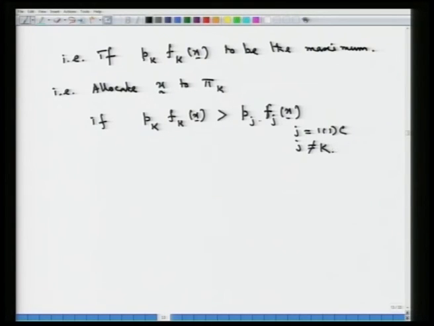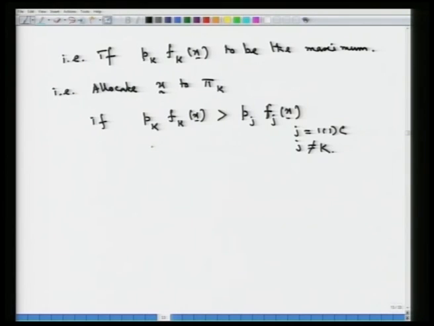So, we are not looking at that kth product on the right hand side, we are looking at all other c minus 1 products, and hence we are looking at all these c terms and then finding out for which of those c possible products we have got the product to be maximum, and then x is going to be assigned to pi_k corresponding to the population for which this is going to be the maximum.